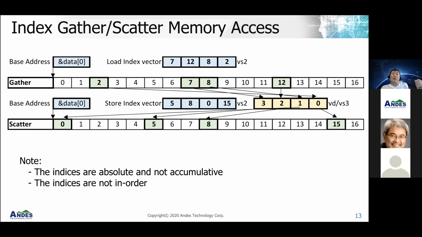So the ordered store you have to do in order. But if you have unordered store, it doesn't matter if this one is 31. You can store everything in the first cache line, and then go to the second cache line to do 31. That is the difference between ordered and unordered. If you want to do it ordered, it would take a lot more time. So the indices are absolute, not accumulative, and they can be in any order, randomly.